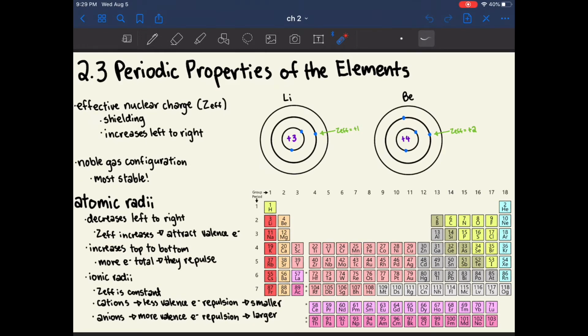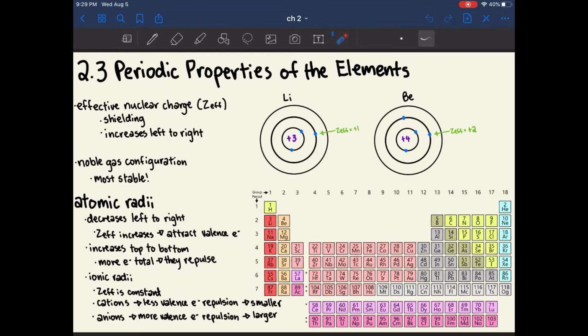As you know, positive and negative charges attract. This electron here feels a positive charge of +1, so it is only vaguely attracted to the nucleus. Beryllium, on the other hand, has an effective nuclear charge of +2. So these valence electrons are more attracted to the nucleus, which means they come closer to it, giving it a smaller atomic radius.